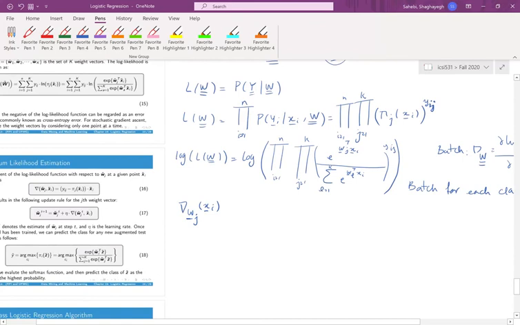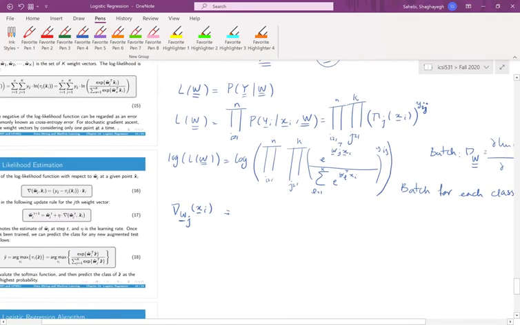If we do the stochastic one and we calculate the gradient, that's basically going to be equal to, if you do it at home, yij, so the label, minus pi sub j of xi, multiplied by xi.